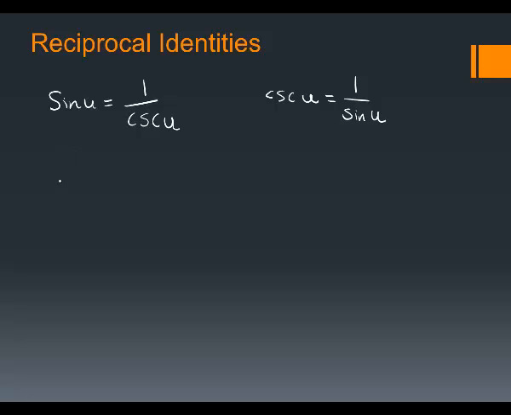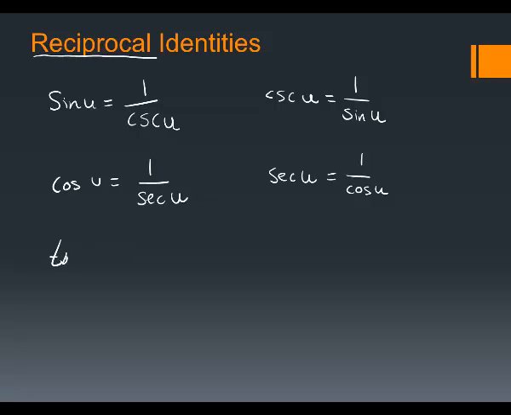We have now cosine. Cosine of U is equal to 1 over secant U, as well as secant of U equals 1 over cosine of U. And these are all reciprocals, hence the name reciprocal identity. The last one we have is tangent.